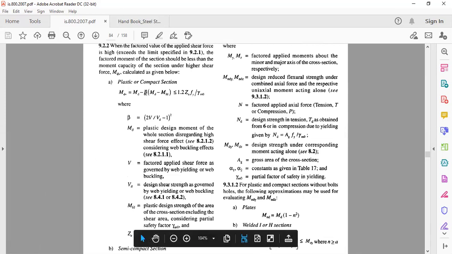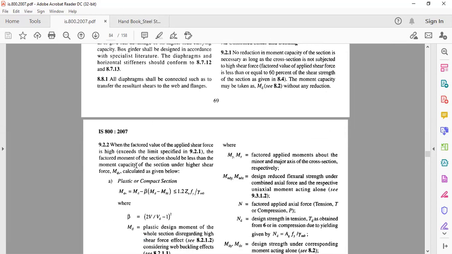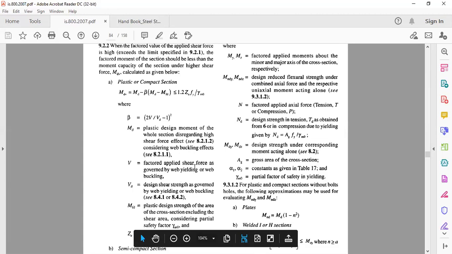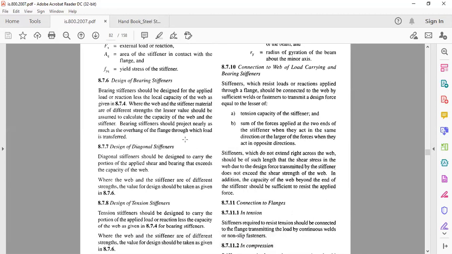So here we have the formula, that is Md equals beta into Ze into Fy by gamma m0, clause 8.2.1.2.